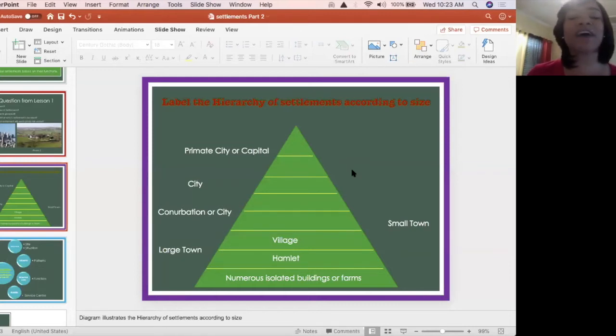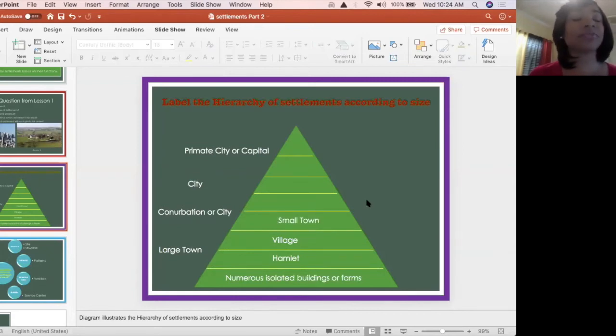Okay, one can be found in your urban area. One can be found in your rural area. This one is responsible for market towns. Which settlement type are we referring to? Yes, Indira, small town. Yes, Anthony, small town. It is.